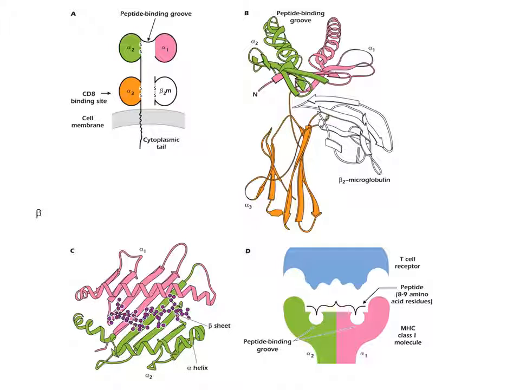Remember when we talked of the Ig superfamily, I said T cell receptor, I said B cell receptor, and what was the third thing I said? MHC. So major histocompatibility receptor. So it has a cytoplasmic tail, and then a peptide binding groove, alpha 1, alpha 2, alpha 3, right? So these are the different binding sites that we have.